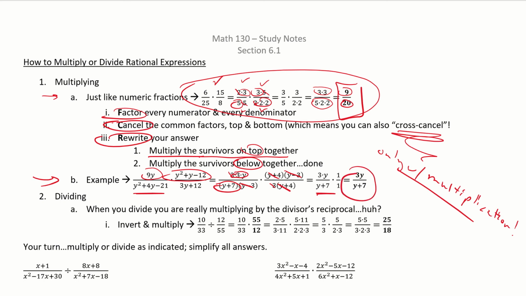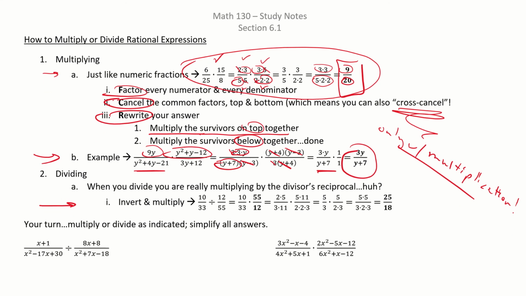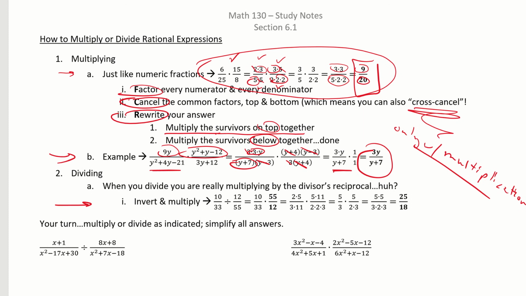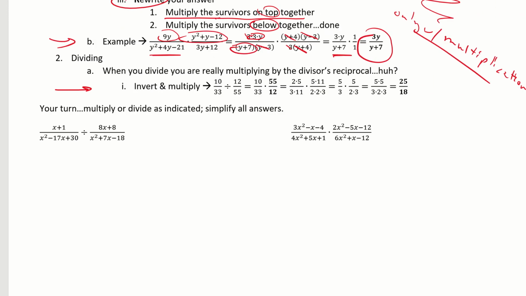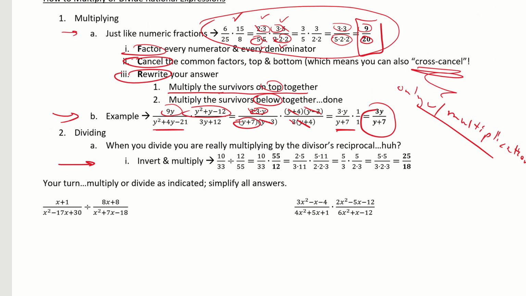Okay? Here's another example, for division. I just want to remind you of this fact. I won't do a polynomial until we get down to our examples. In fact, we're only going to do these two in the video today. But when you are dividing, you have to invert and multiply. You are really multiplying by the divisor's reciprocal.